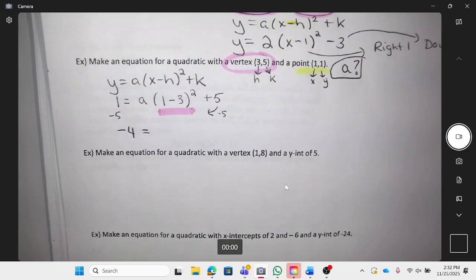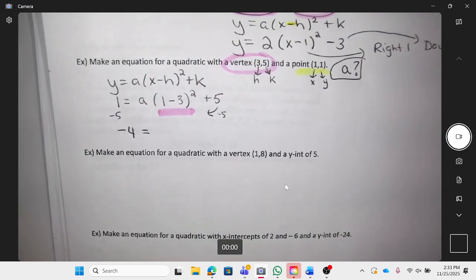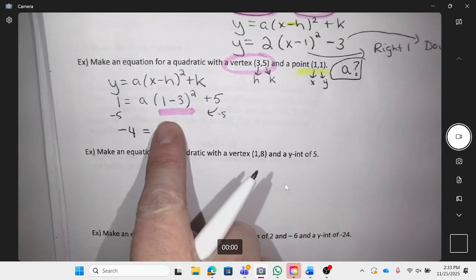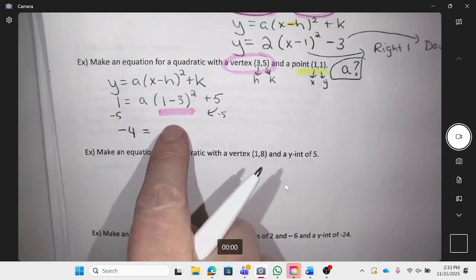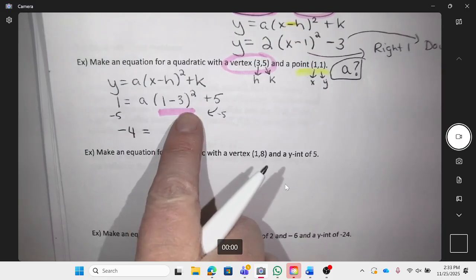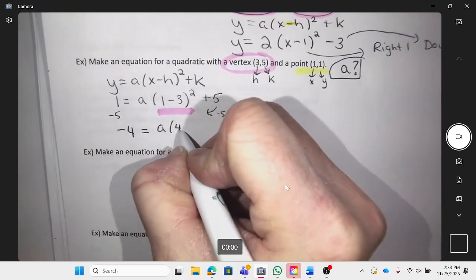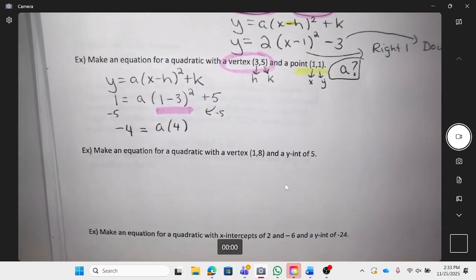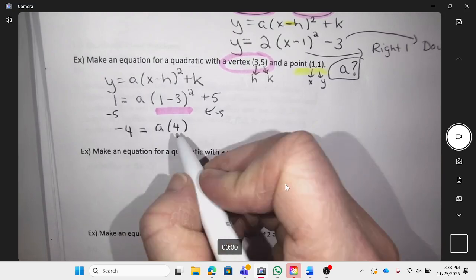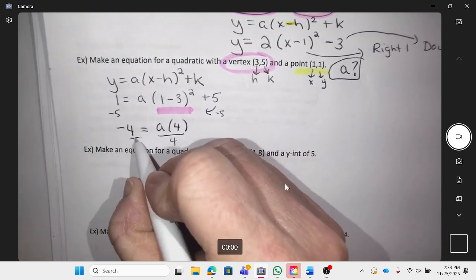It's fine. Can you go 1 or bracket? Do that. Go bracket, 1, subtract 3, bracket, squared. 4. And how do I get a alone? Divide by 4.